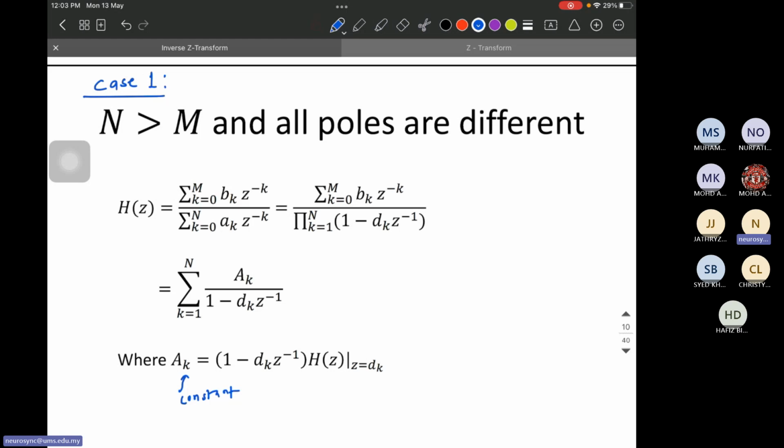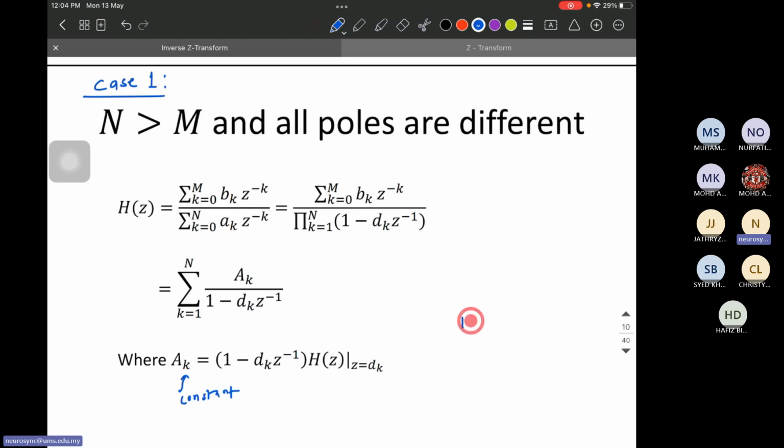A k can be found like this: we multiply this denominator, 1 minus d k z inverse, to this H of z, and if we put z equal to d k, then we will get the value of a k. So a k is equal to 1 minus d k into z inverse into H of z, evaluated at z equal to d k. Why z equal to d k?